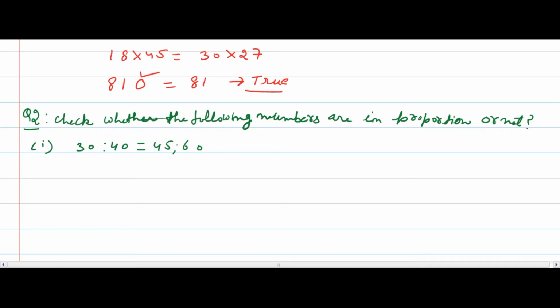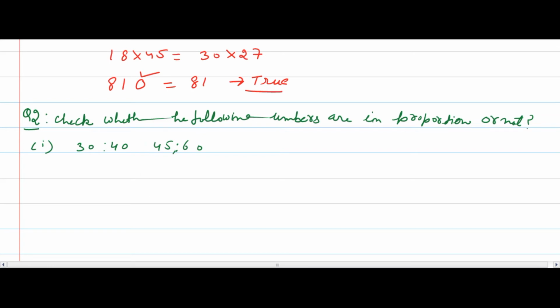Sorry, I have put a comma here, but it will carry proportion ratio. Now we have to find out whether these are in proportion or not.